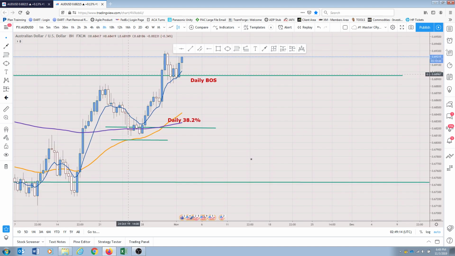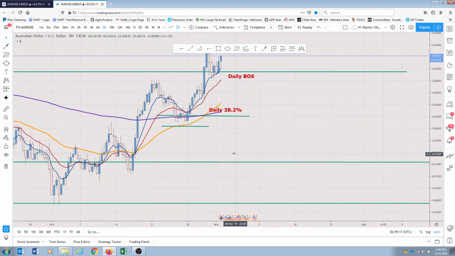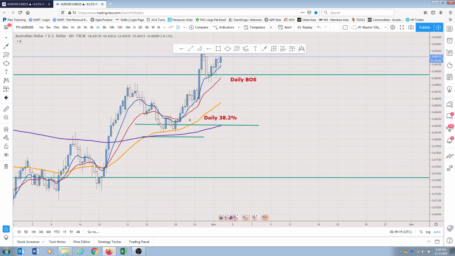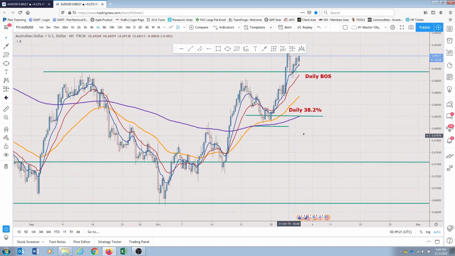I know on the 8-hour time frame, is it 8-hour? Let's go to the 6-hour. I just happened to notice this. Look how we found perfect support on the EMA 50 here, and we're on the 6-hour time frame. You don't have to use this time frame, but I'm showing you how, if you notice all these things, it helps you realize.